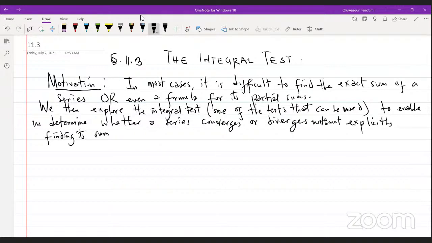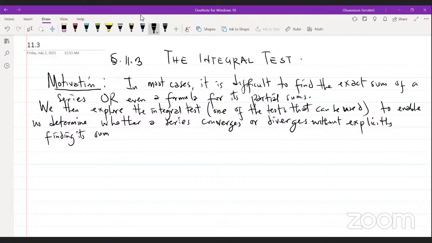Keep in mind that we have different series tests, and the integral test is one of them. There are situations where you are given a series and you cannot find its sum because it's tough to do. So you have to rely on your series tests, and then you can talk about convergence or divergence of that series.